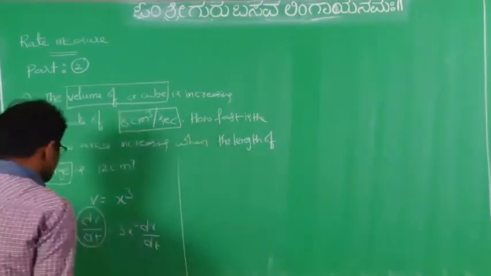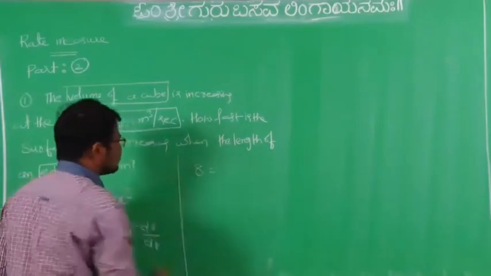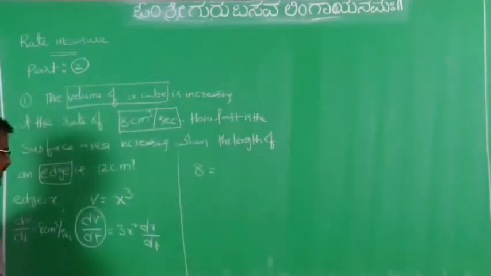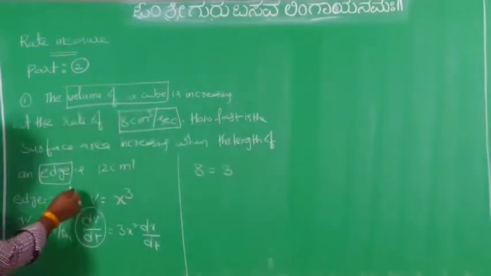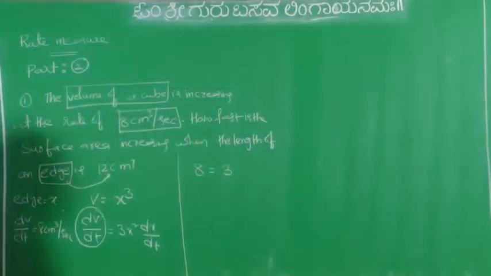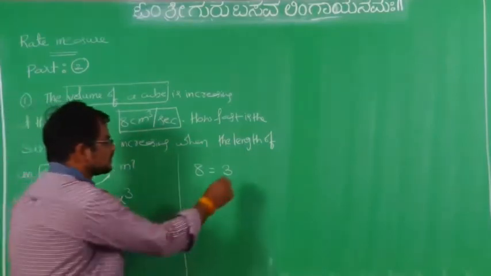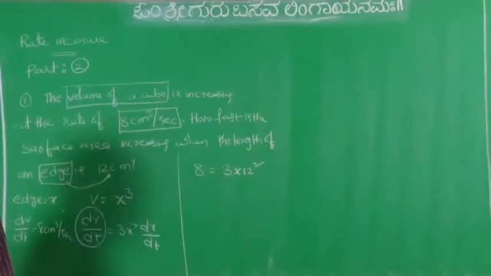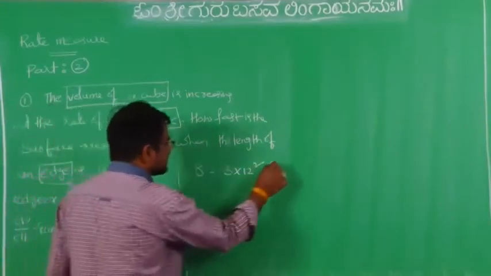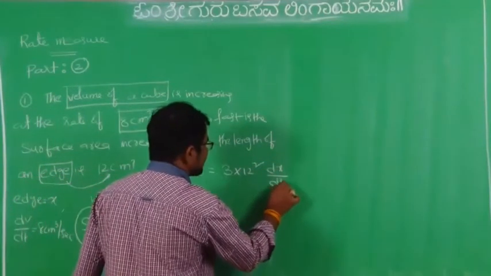Now this one, 8 equal to 3 into edge value 12, so into 12 square into dx by dt. What they asking?